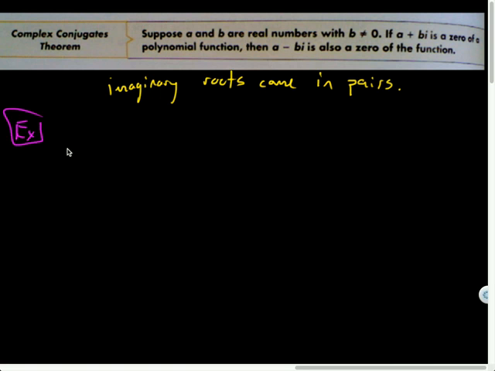So let's see, there's a couple of concepts showing up in this problem, but that's fine.